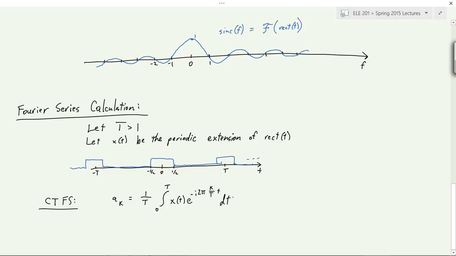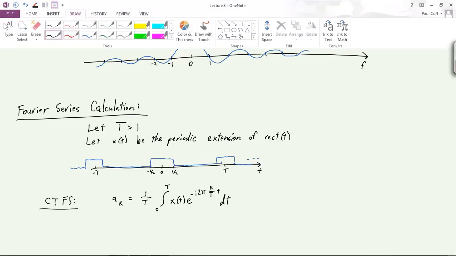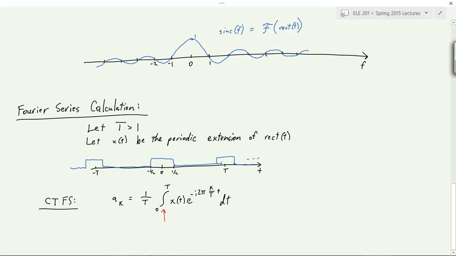First thing I want to point out, and I didn't mention this before, but turns out you could calculate the Fourier series coefficients by integrating over any one period. So I've always expressed this as an integral from 0 to cap T. Okay? But in fact, any one period will give you the same answer for this integral. You can check that if you don't believe it. Go do some example. We could integrate from, for example, negative cap T to 0, or from negative cap T over 2 to cap T over 2. Any interval we want that's of width cap T will give you the exact same answers for this formula.